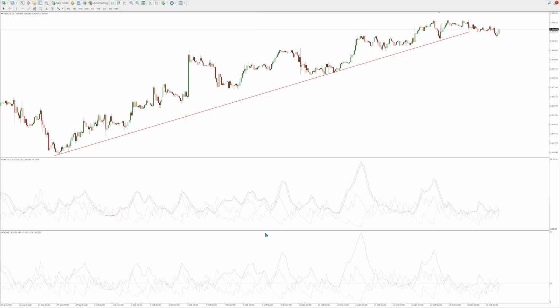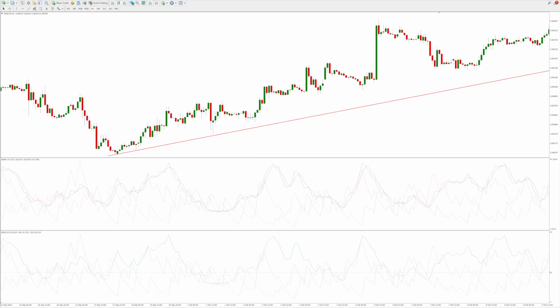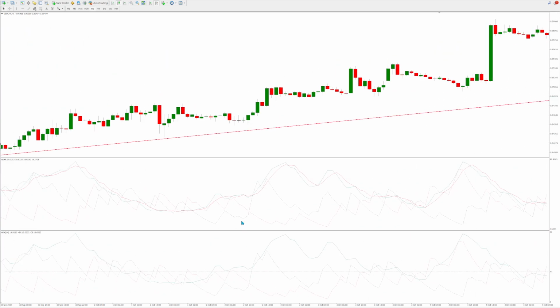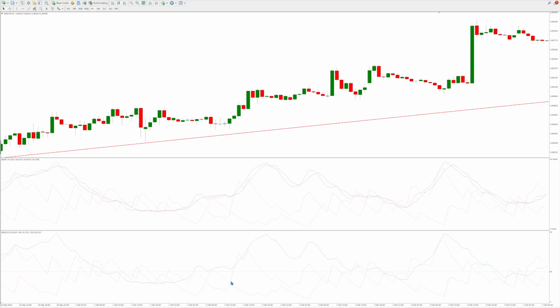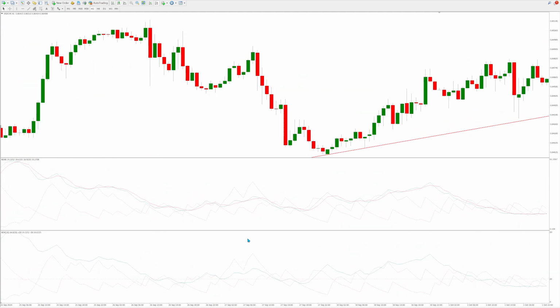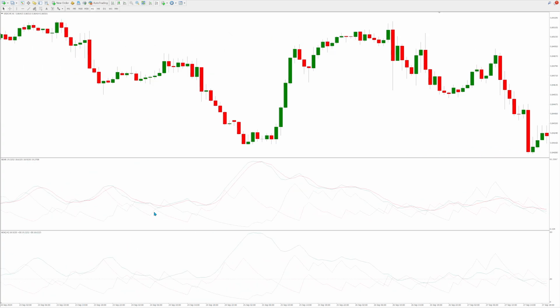So trends, just to clarify, if I just zoom in for you, when this green line is above the red line, it suggests an uptrend. That's the same on the standard ADX. Green above red, uptrend. And when the red is above the green, it suggests a downtrend.